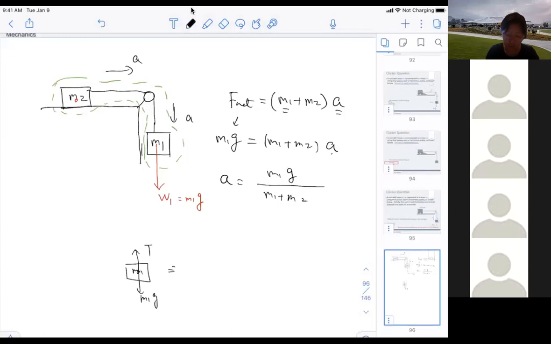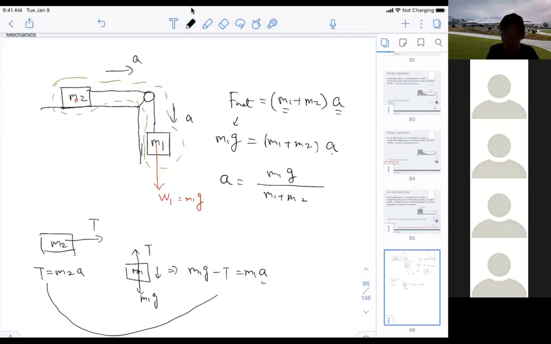Then I would write M1 G minus tension is M1 times the acceleration of 1, which is the same acceleration as 2. For M2, the only force that's responsible for speeding it up is the tension. Then tension is equal to M2 A.